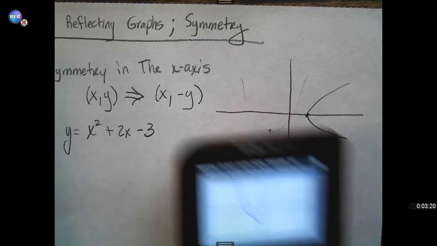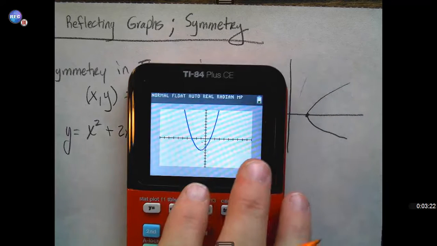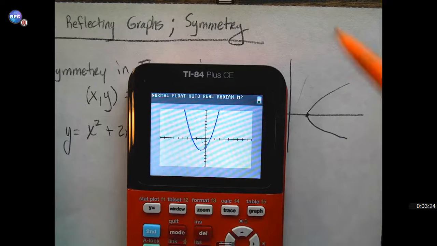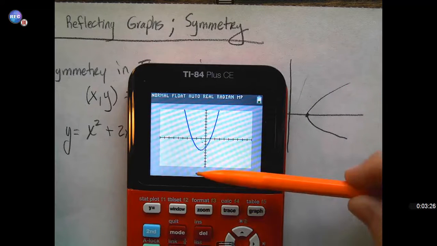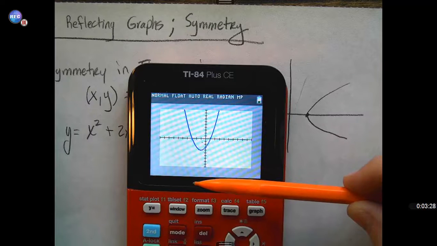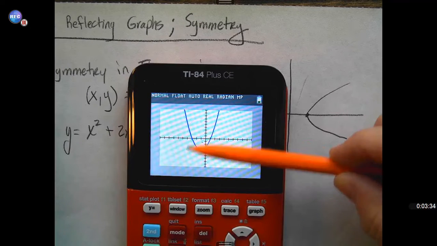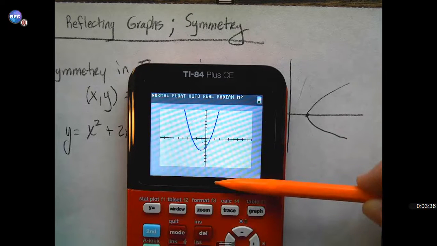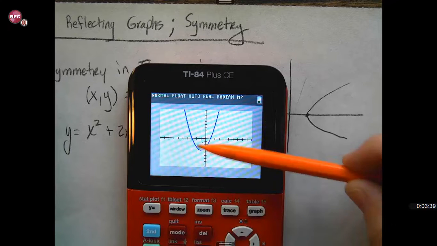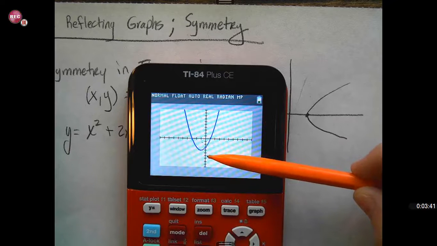It does look similar to what I was saying, but if I were to spin this on that x-axis and the vertex was up here instead of down here, then my parabola would open this way, okay? And so as far as this particular function having symmetry in the x-axis, it does not.